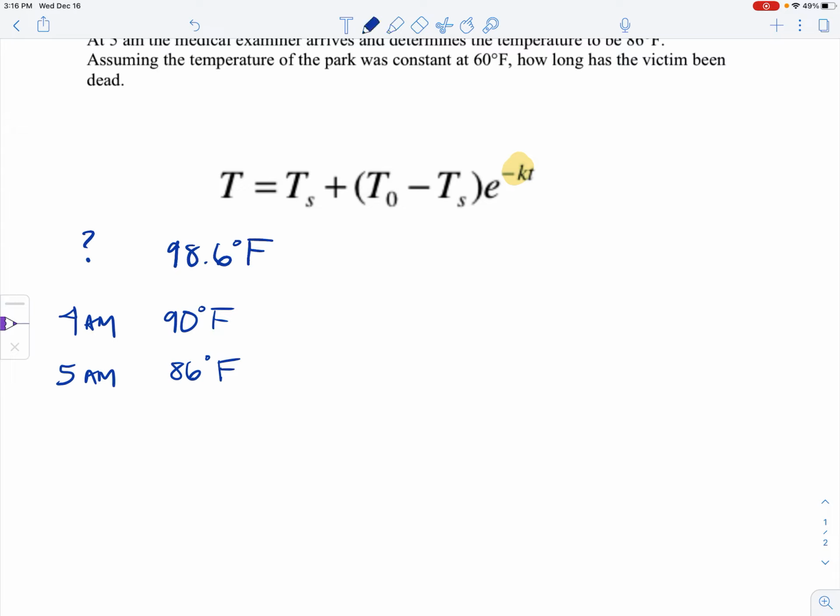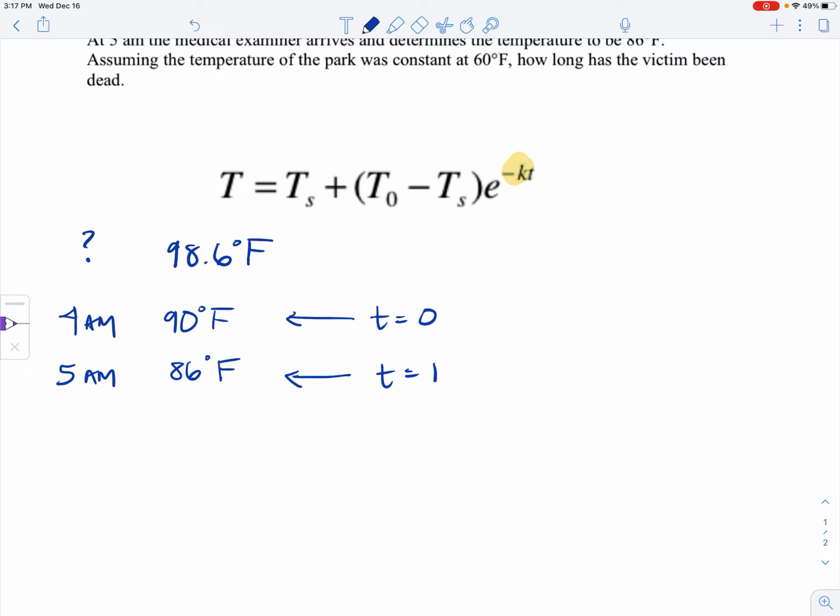So what we can do instead is treat 4 a.m. as t equals 0, so that 5 a.m. would be t equals 1. That means 90 degrees would be T sub 0.